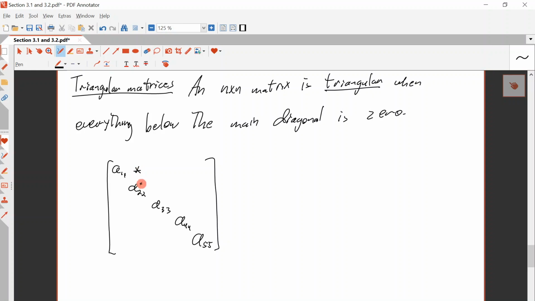And here, these are just any entries here. But here, everything is 0.